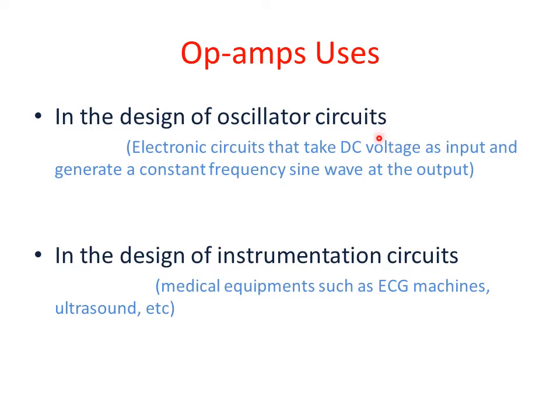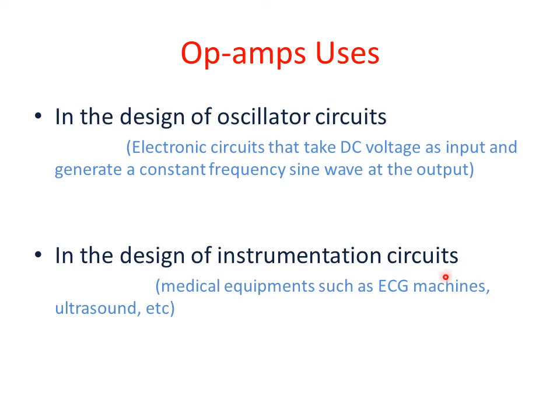We will be asking you about the uses of op-amp, like they are used in the design of oscillators, but these details hopefully will not be asked, that what are oscillators. However, you should know a bit that what oscillators are. Similarly, you will be asked about the uses of op-amps, in a sense that they are used in the design of instrumentation circuits, but what are instrumentation circuits will not be asked.